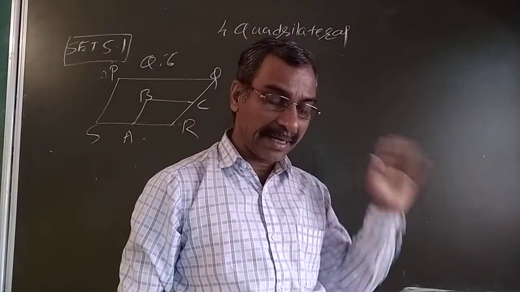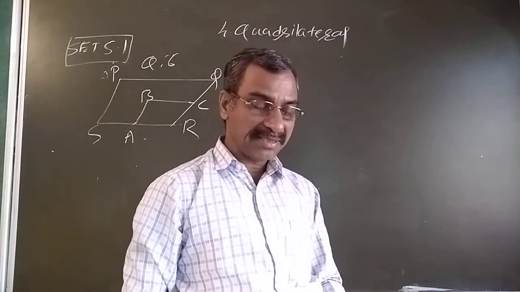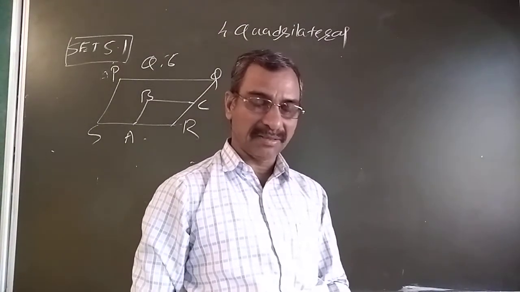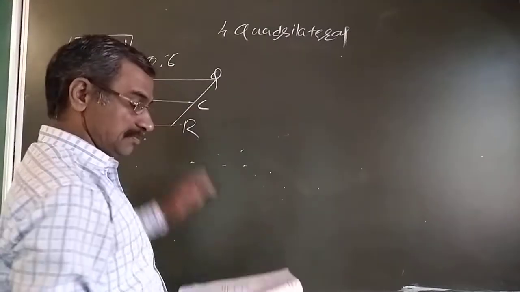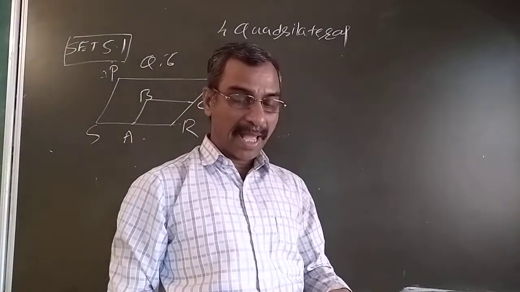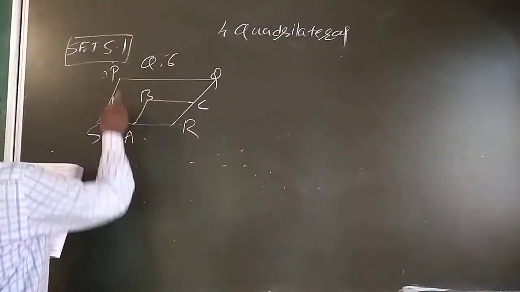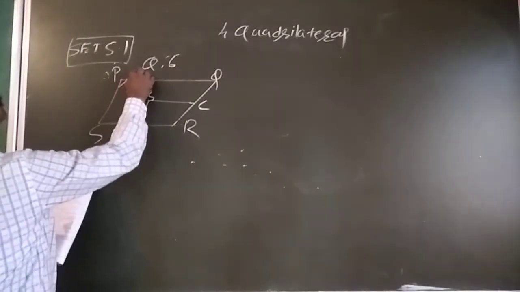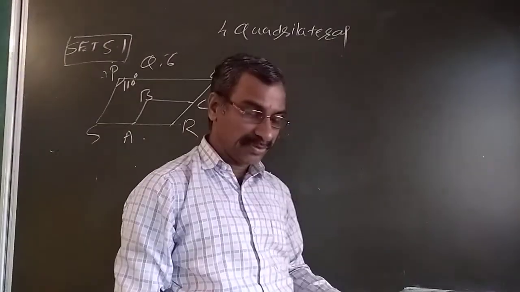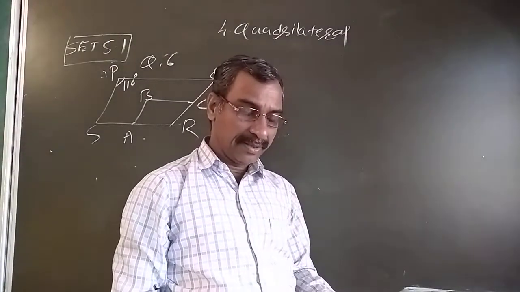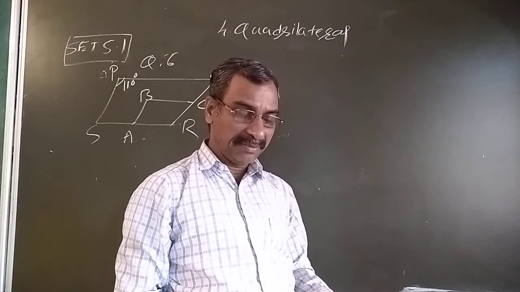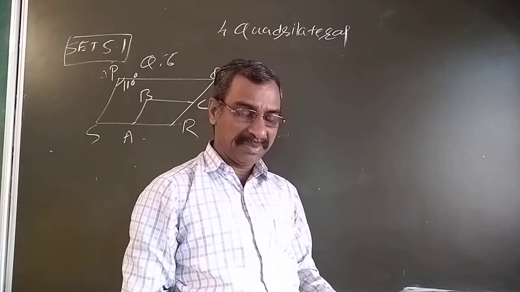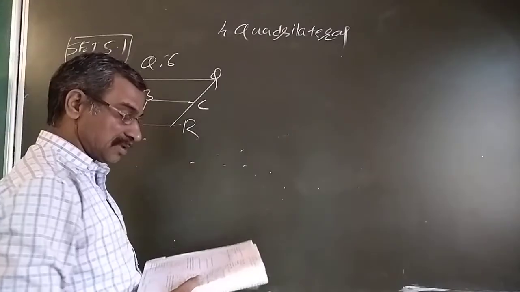In the diagram, PQRS and ABCR are two parallelograms. If angle P is equal to 110 degrees, then find the measures of all angles of ABCR, this small parallelogram.